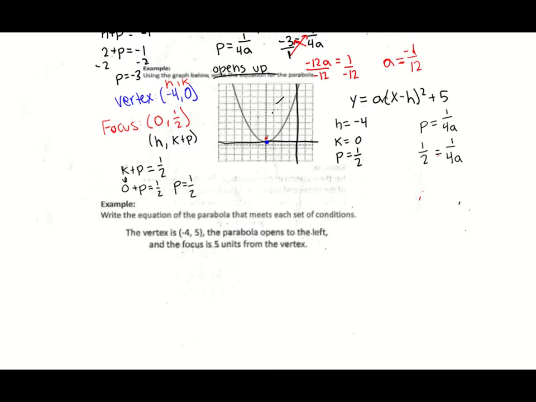I already have a proportion set up, so I can cross multiply. I have two fractions equal to each other. I get 2 times 1 is 2, 1 times 4a is 4a. To get a by itself, I'm going to divide by 4 on both sides. And I get 1/2 is equal to a.